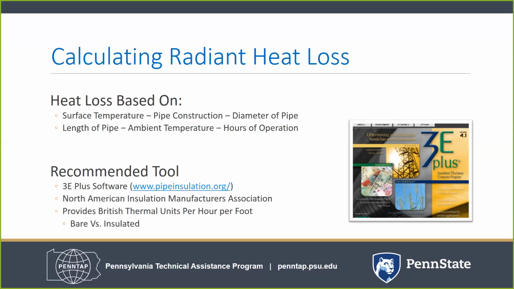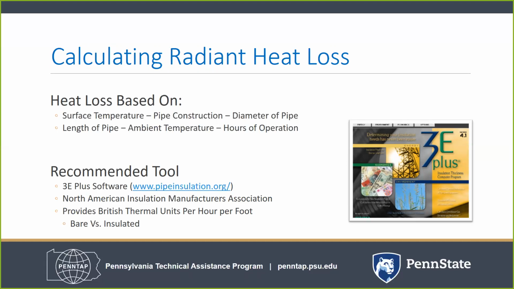Calculating radiant heat loss. Here's a way to calculate the savings by insulating feed and return line pipes on a boiler system. The radiant heat loss from the pipe depends on many characteristics of the piping. The 3E Plus software, created by the North American Insulation Manufacturers Association, calculates the heat loss after the relevant data is entered.